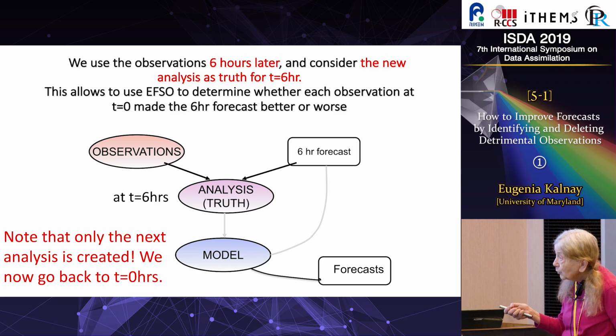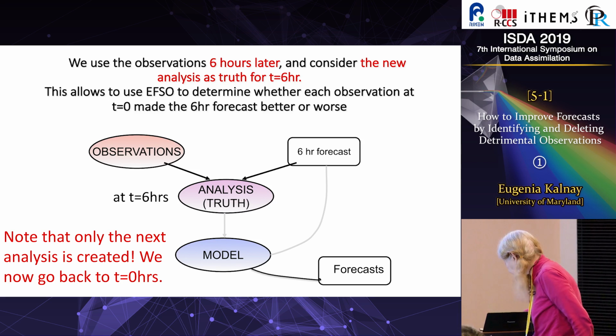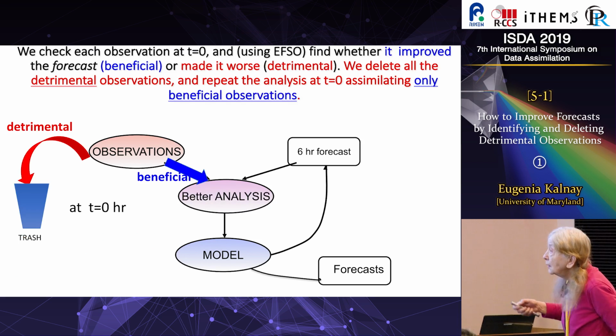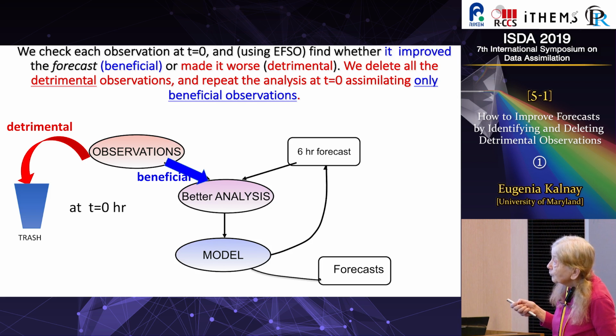Then after we do this, we go back to t equal to 0 hours. We check each observation now at 0 hours, and using ensemble forecast sensitivity to observation, or the adjoint approach, FSO, we find whether it improved the forecast.